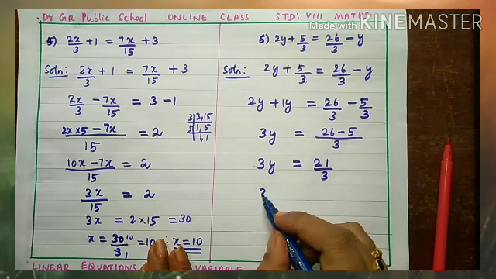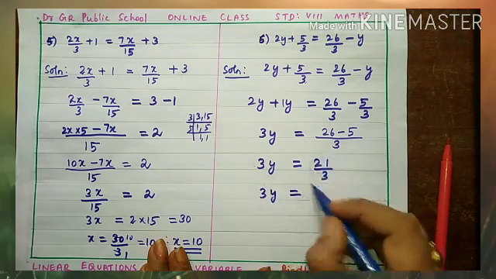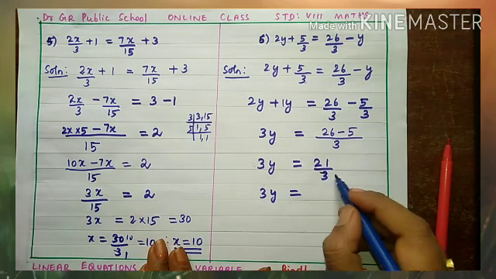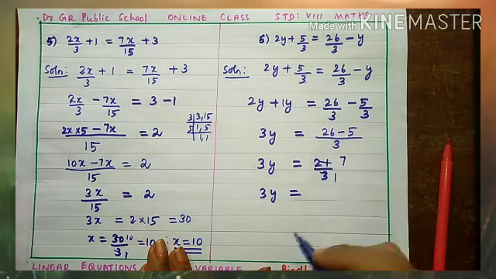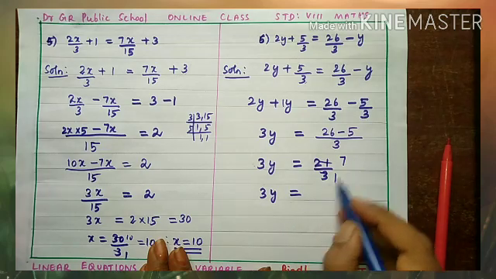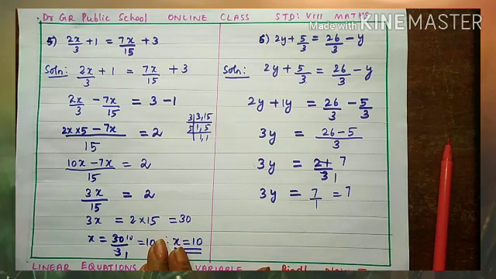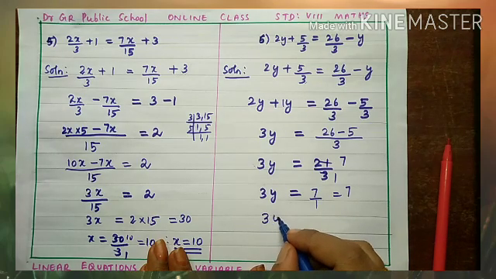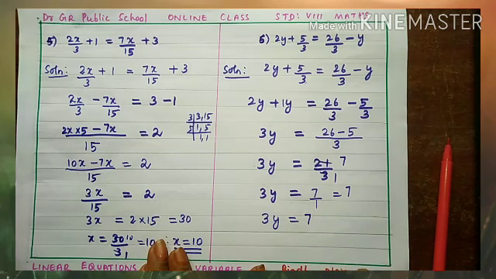Now you see 3y is equal to, can you reduce this 21 by 3? Yes. 1 3 is 3, 7 3s are 21. So you got 7 by 1, that is 7. Okay children. So now your equation became left hand side 3y and right hand side 7. Now what is the next step?